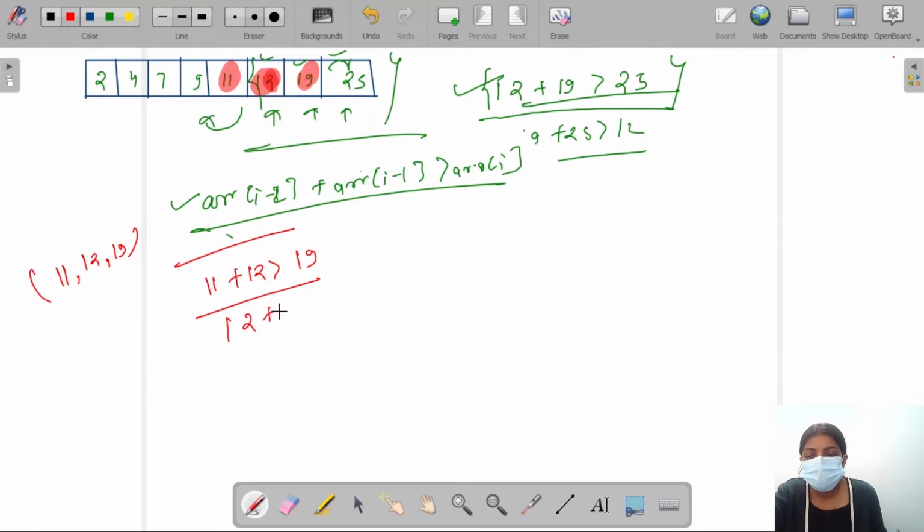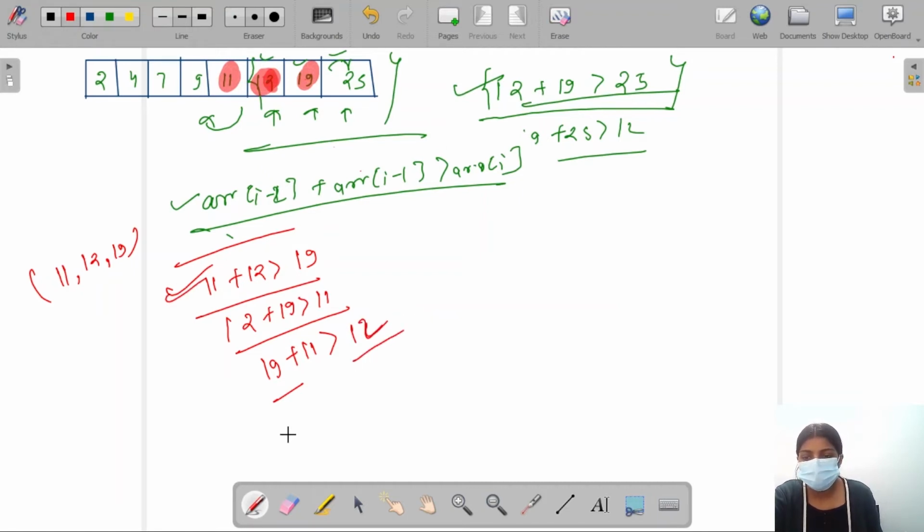Now 12 plus 19 is also going to be greater than 11, because these two sides are greater than 11. I have to just check this condition, that is ARR of I minus 2 plus ARR of I minus 1 is greater than ARR of I. And again the third condition, my ARR of I is greater than my ARR of I minus 1. So if I add anything to my 19, it is definitely going to be greater than my 12, right? So I have to just check this condition.